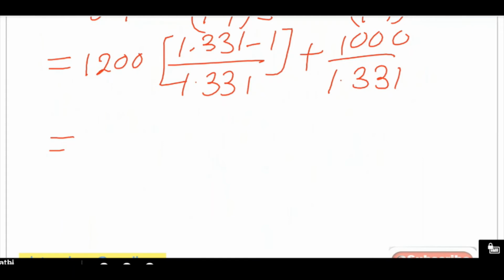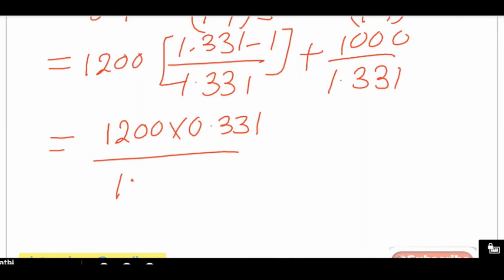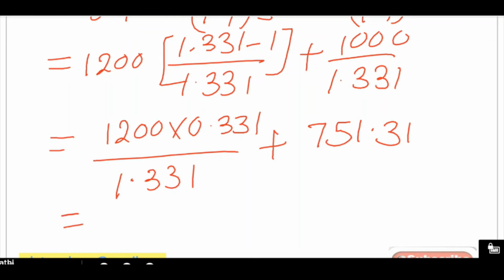So we'll get 1200 times 0.331 divided by 1.331, plus this value will come 751. Use the calculator; I have rounded off the figure here. So you calculate this entire figure and add here, and I'll get 298.42.